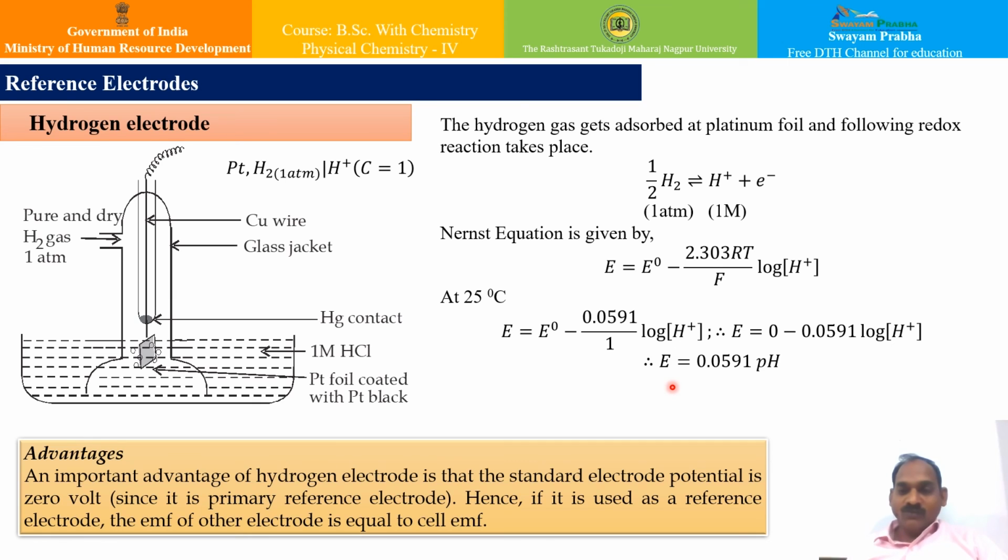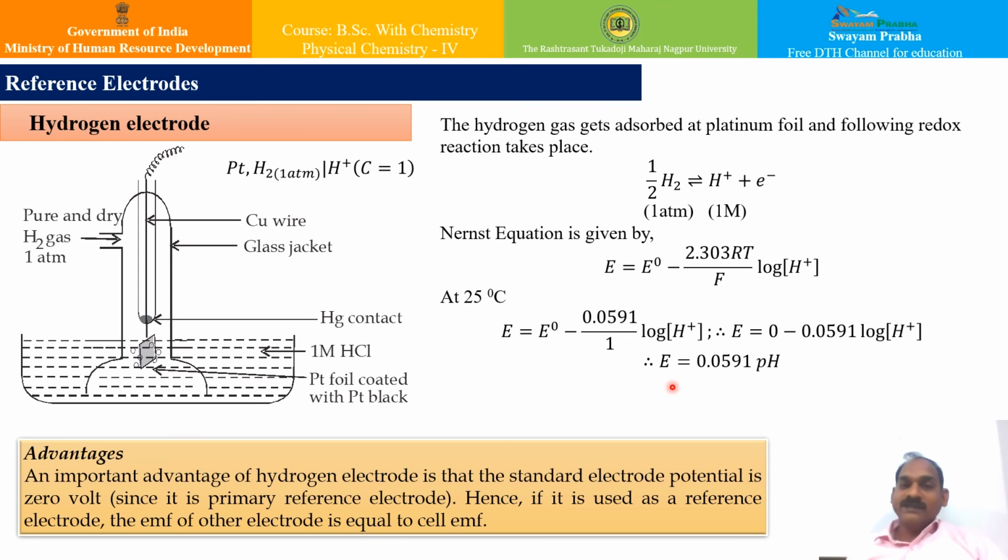Whatever electrode I connect, if I find the EMF of that particular cell, it becomes the EMF of the electrode. So the hydrogen electrode becomes the primary reference electrode.